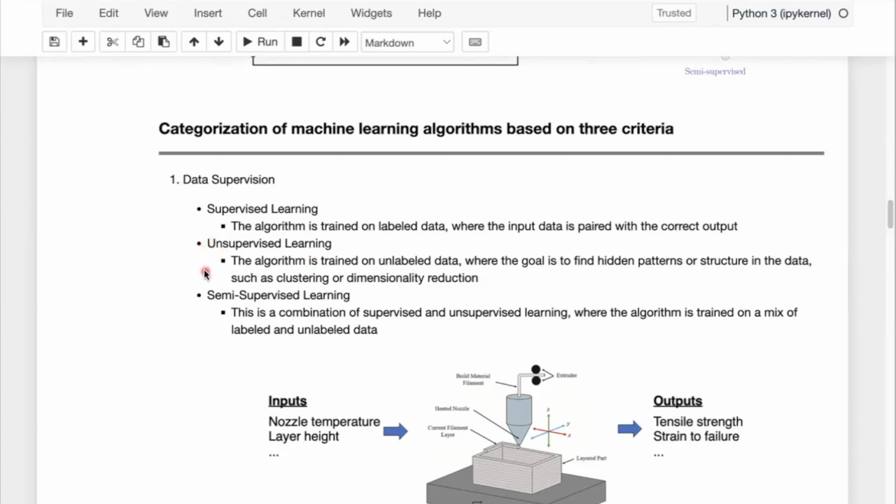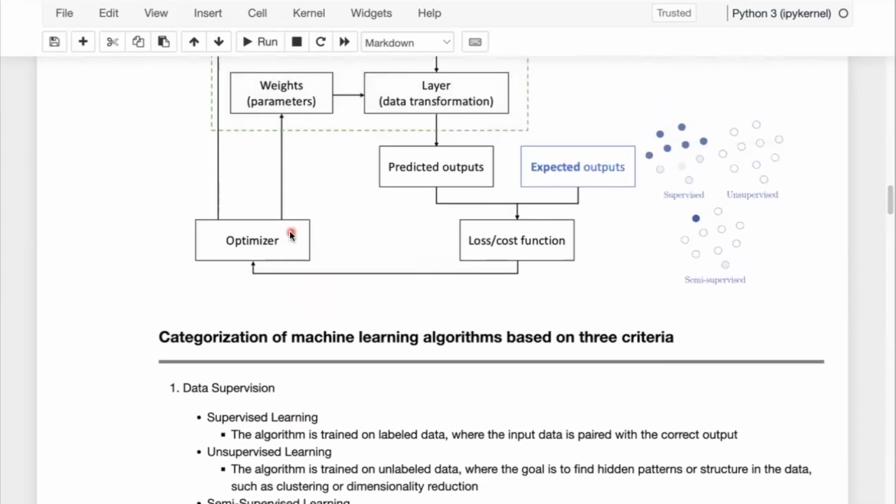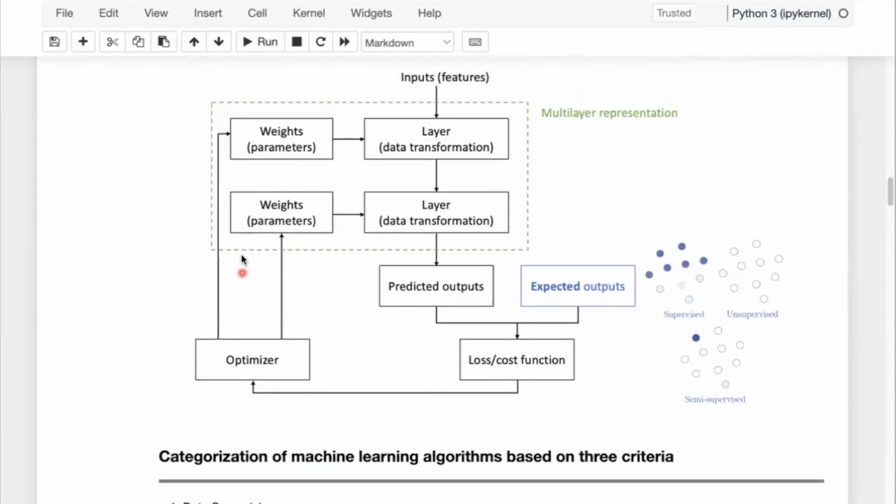So that's something really interesting for certain applications, but it's beyond the scope of this course, and for most of this course, we focus on supervised learning. However, something that is very important is that the overall way of training unsupervised learning methods is very similar.